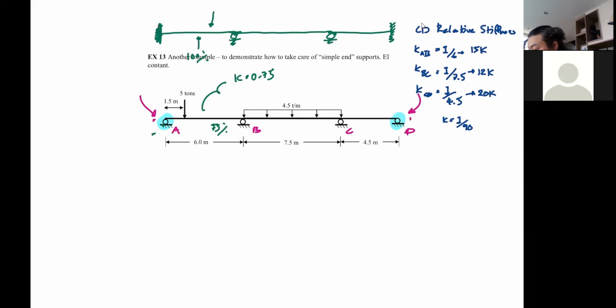So certainly I can now modify this KAB and KCD by multiplying them with 0.75, right? So the modification would lead us to 11.25K, and here becomes 15K.